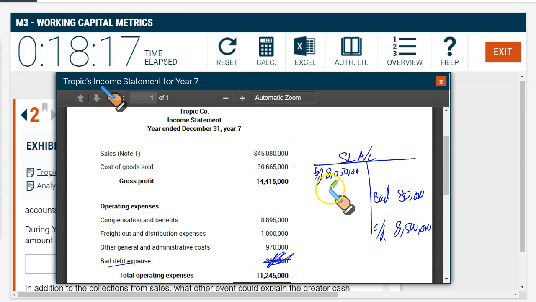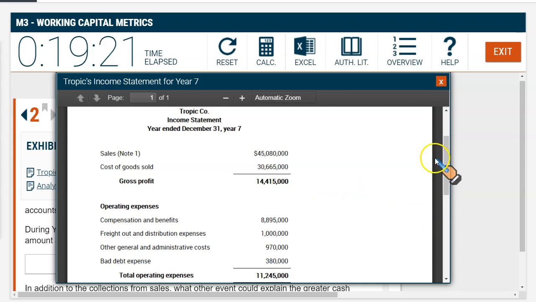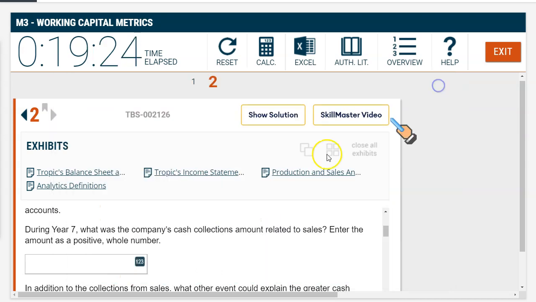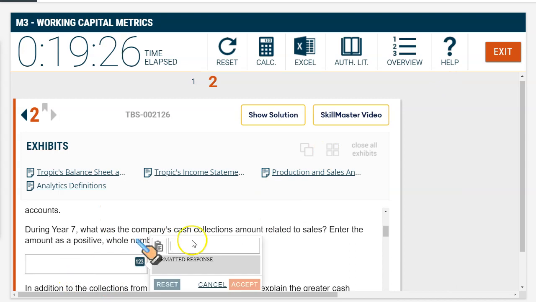And the sales for the period was 45,080,000. Now the balancing figure that comes here, opening balance plus credit sales less bad debts less closing balance, should give you the cash collected from customers. So I'm going to add this up: 45,080 plus 8,050 less 80 less 8,500 gives you 44,550,000. So it's 44.55 million, and that is going to be the answer that you're going to write in here. It's going to be 44,550,000.